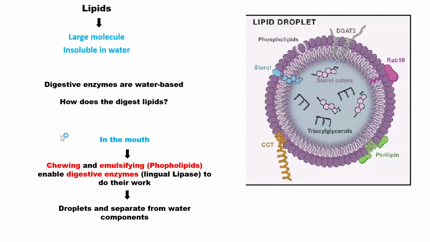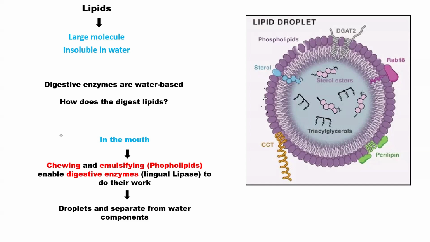On the surface of this lipid droplet, you will see components like perilipin, steroids, sterol, CCT, and phospholipids; they are all water-soluble components of the lipids.